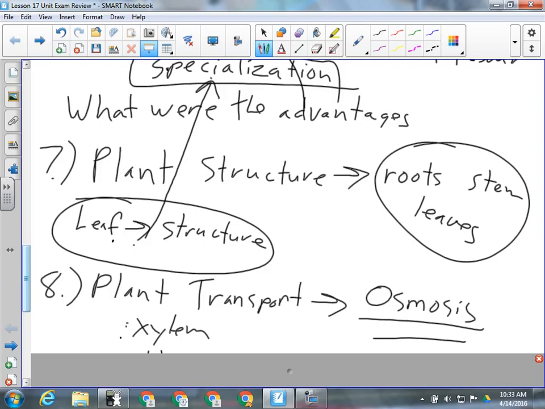The effect would be that the plant would be unable to transport water. Because if I have a whole bunch of salt at the bottom and not enough at the top, water doesn't know which way is up. Water goes towards salt, so it would actually draw water out of the plant. It would cause osmosis to essentially work the wrong way.